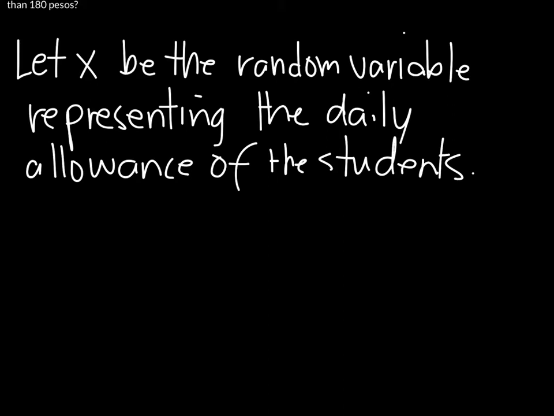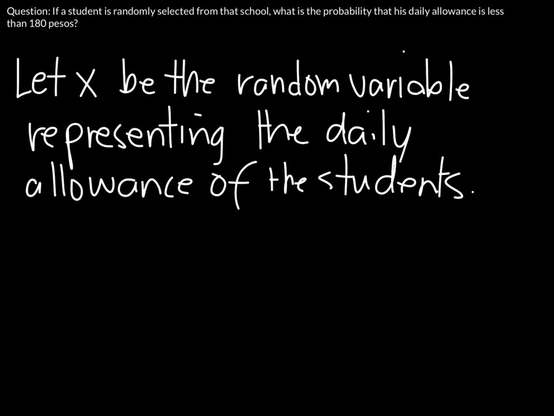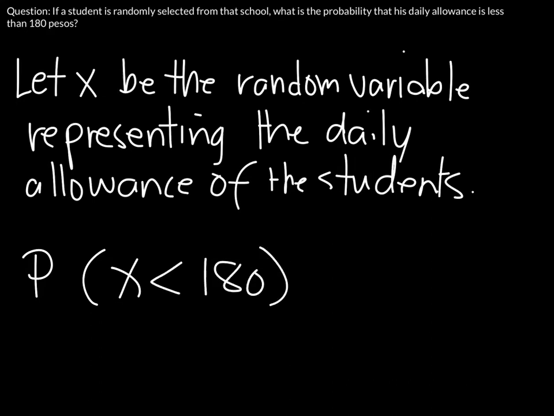So that means the probability that we want can be written as the probability that the daily allowance x of a certain student chosen randomly is less than 180 pesos. And this is the probability that we want to find.